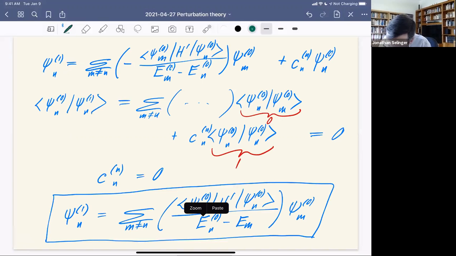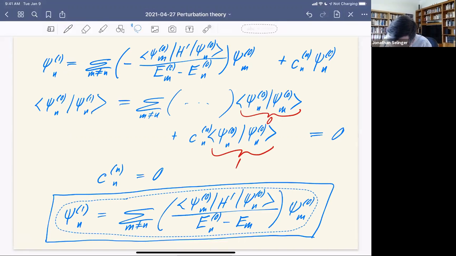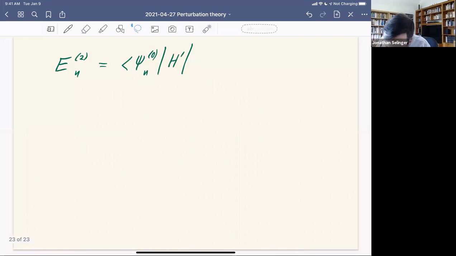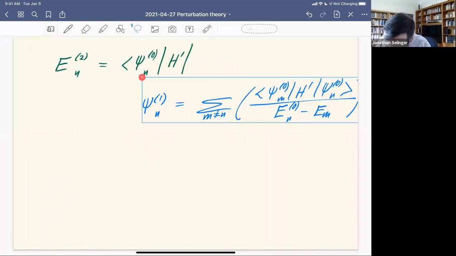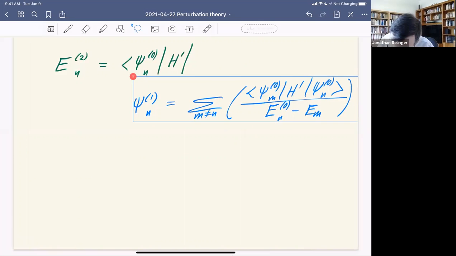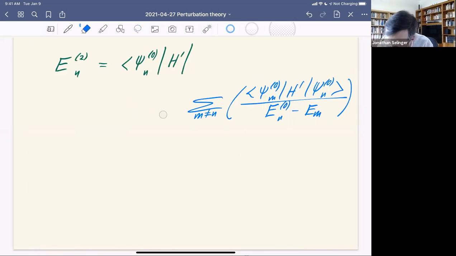Whoops, let me copy it, paste it. Copy. Paste. Oops, it doesn't fit. Oh wait, I don't need this. I can erase. Now it fits.